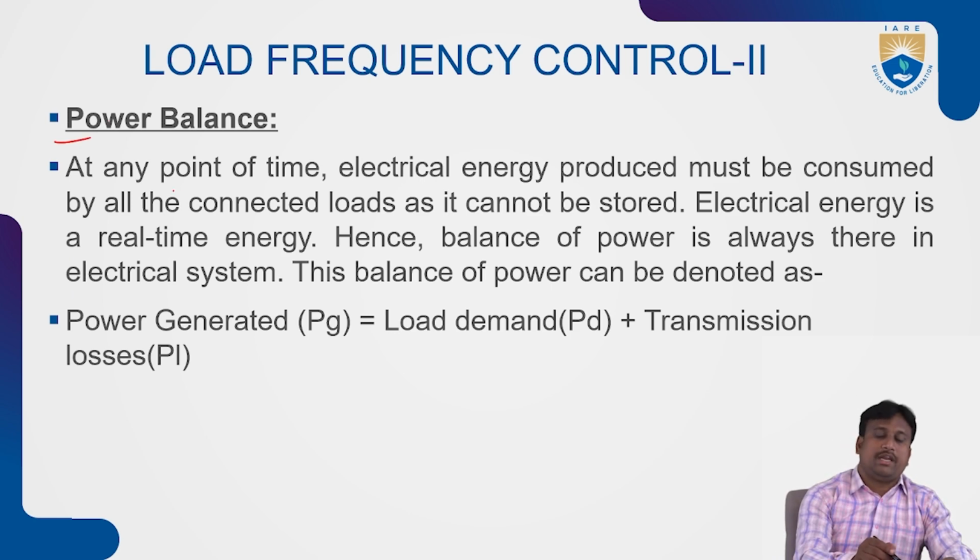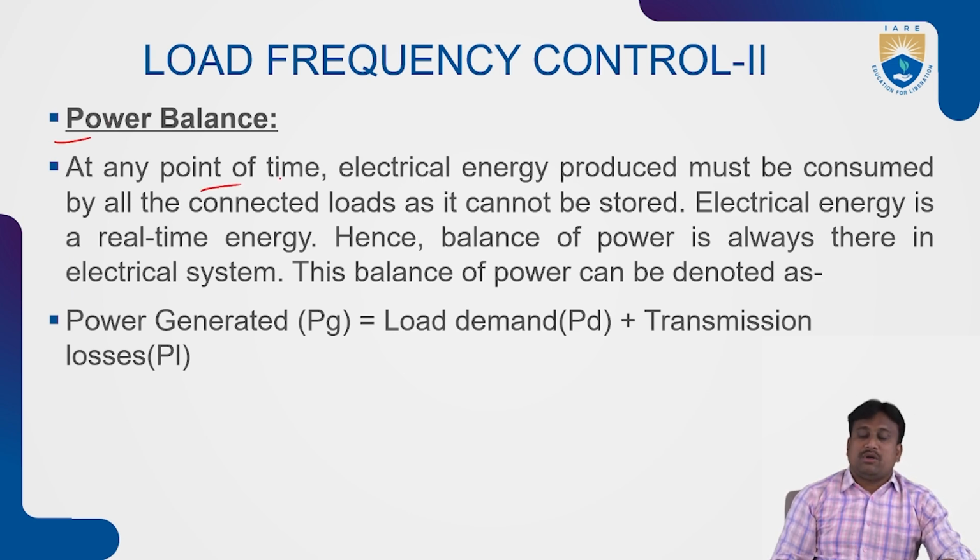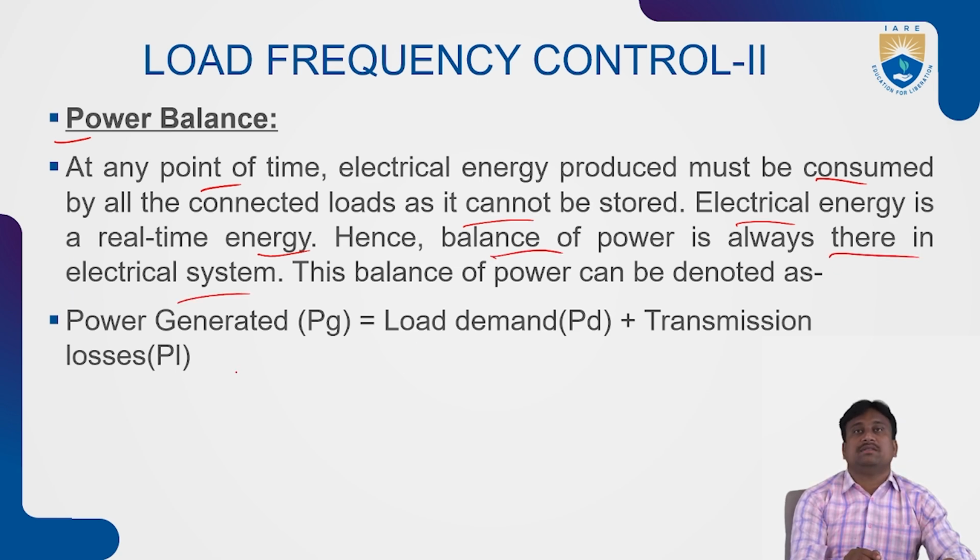And we also go with the power balancing in this case. That means at any point of time, the electric energy produced must be consumed by all the connected loads, as it usually cannot be stored. So electrical energy is a real-time process. That means balance of power is supposed to be achieved always in the electrical system.